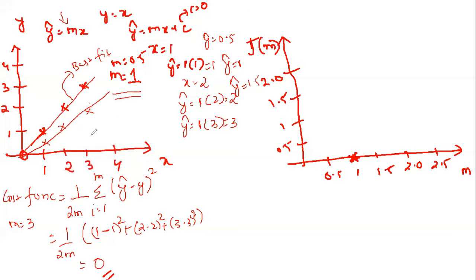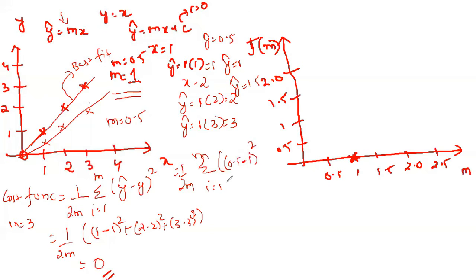Now when I try to find out the cost function, when my m value is 0.5, you just have to equate in this. It will be 1 by 2m summation of i equal to 1 to m, and it will be nothing but, suppose for x is equal to 1, my y hat was actually 0.5. 0.5 minus what was my y?